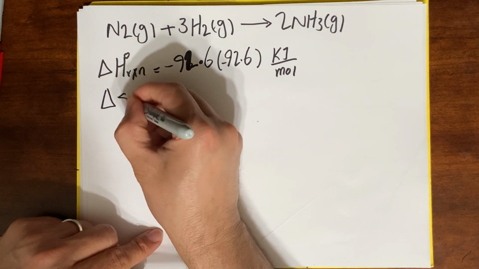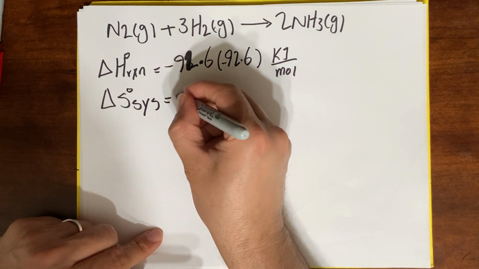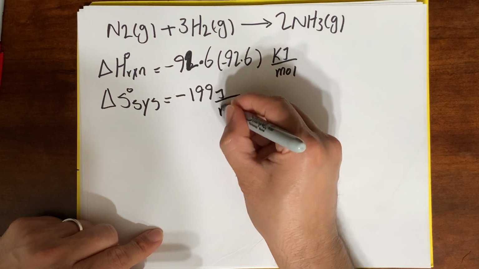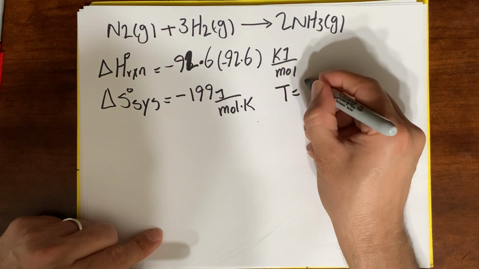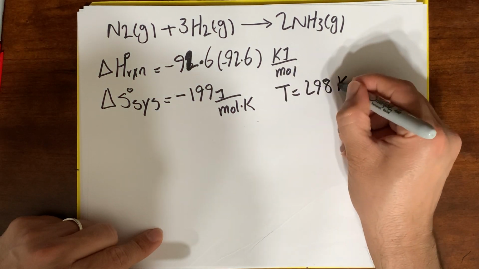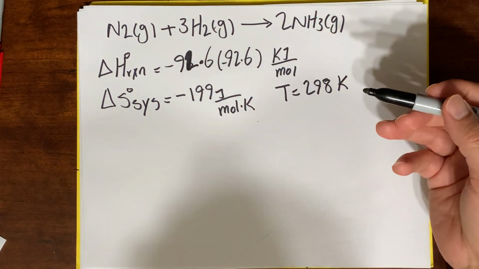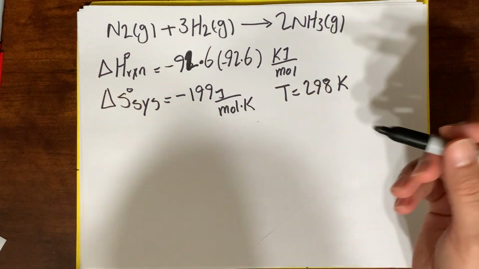Delta S of the system is minus 199 joule over mole Kelvin, and the temperature is 298 Kelvin. Now use this info and figure out whether the reaction is spontaneous or not.